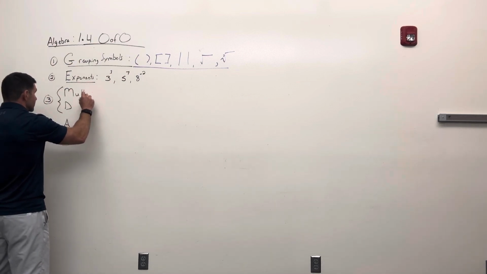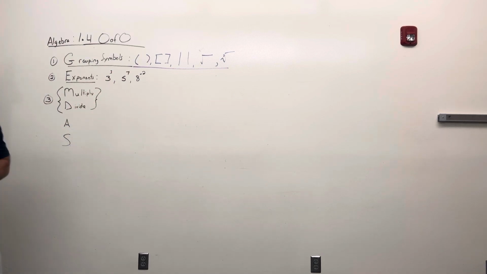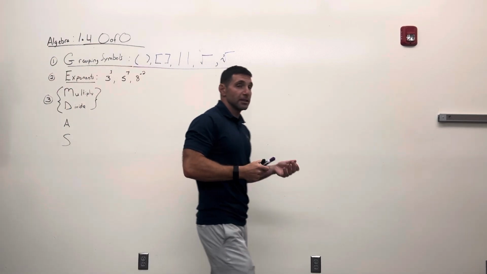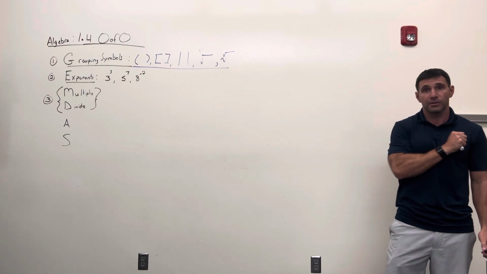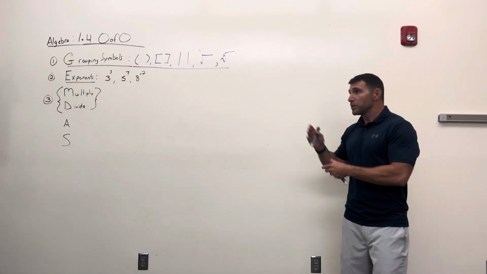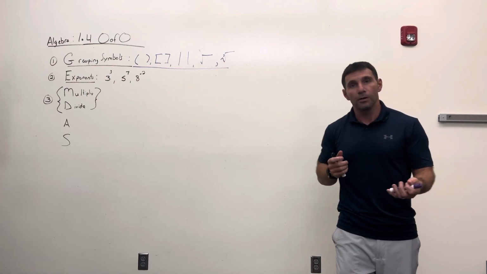Yes, you do. But every year that I have taught this, multiply and divide has been tricky because students want to do all of the multiplication first and then all of the division. Because Mr. H, look, it goes multiply then divide. Wrong.